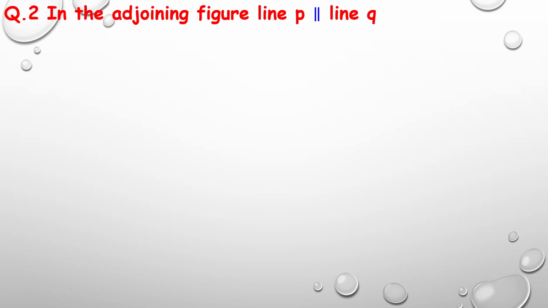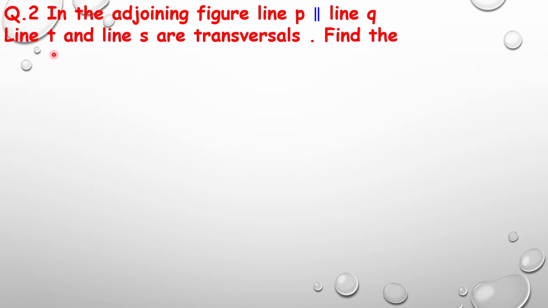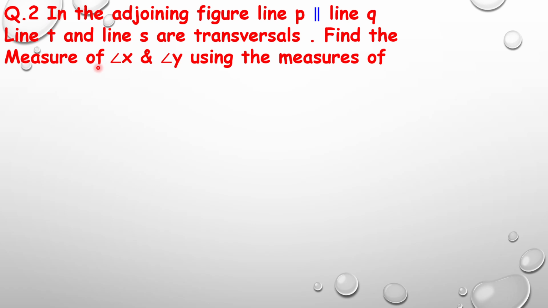Question number 2. In the adjoining figure, line P parallel to line Q, and line T and line S are the transversals. Find the measure of angle X and Y using the measures of the angles given in the figure.